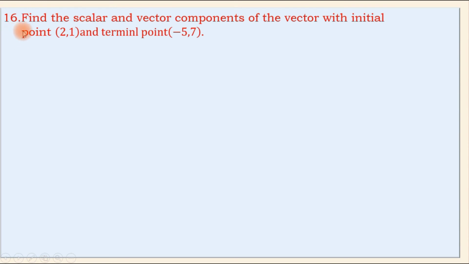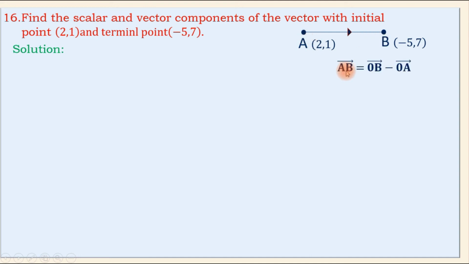Next, problem number 16. Find the scalar and vector components of the vector with initial point 2, 1 and terminal point minus 5, 7. So take the given points A and B and we are going to write vector joining from initial point to terminal point, that is AB vector. The point A is 2, 1 initial point and the point B is minus 5, 7 terminal point. Now the vector joining 2 points from A to B is OB vector minus OA vector.